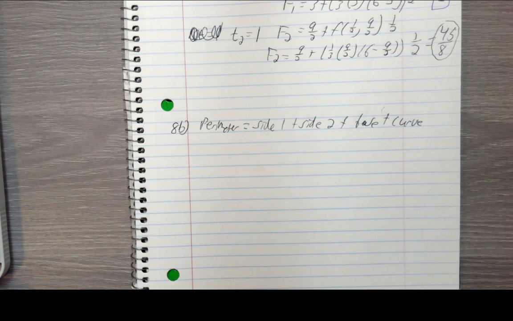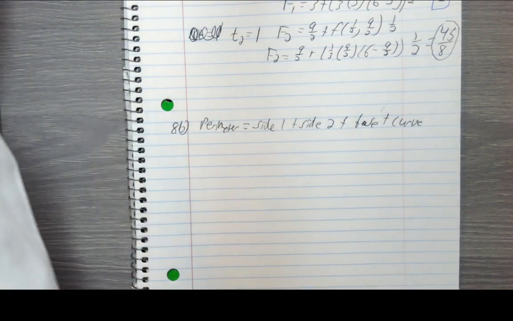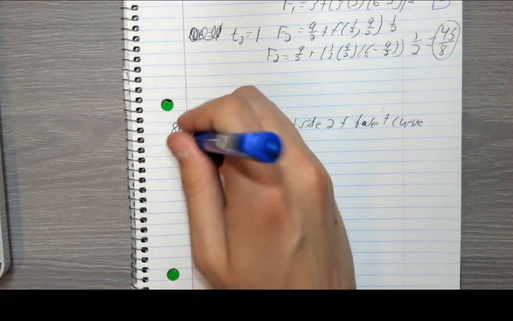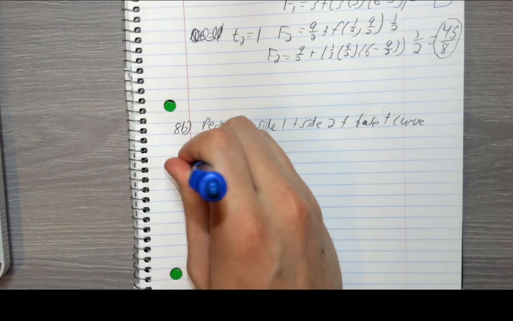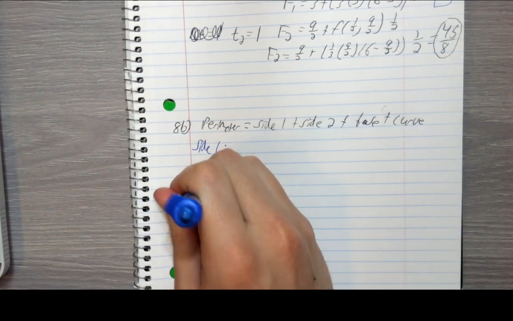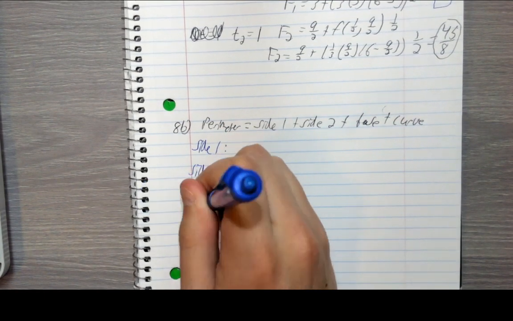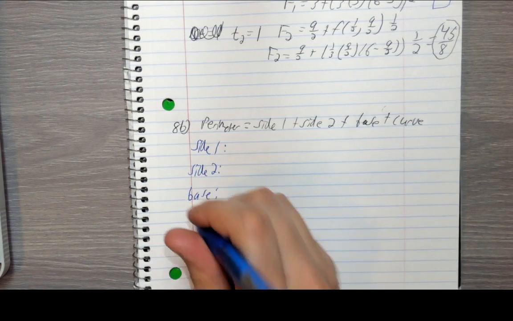Okay, so sorry, I'm still trying to open this up. It's going to take another year. I'm going to split this up then into different sides. So side 1, side 2, base, and then the curve.